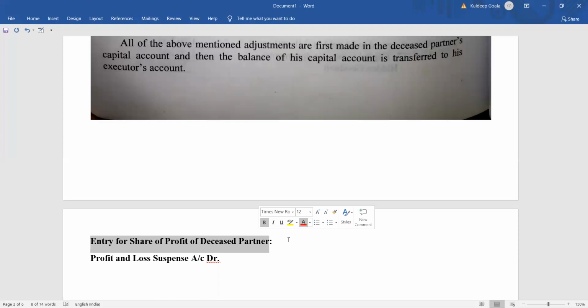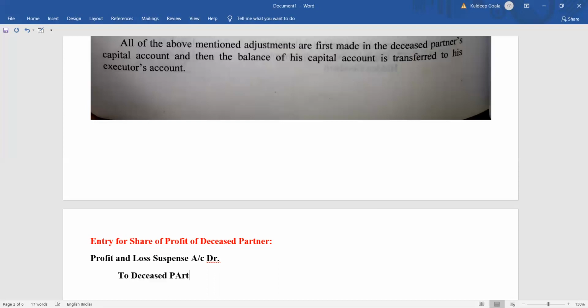So that is why profit and loss suspense account debit, and the money will go to the deceased partner's capital account. Profit and loss suspense account debit to deceased partner's capital account.